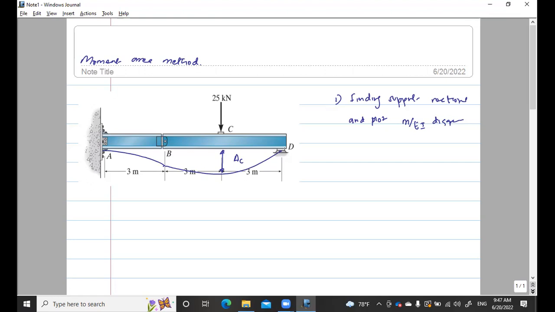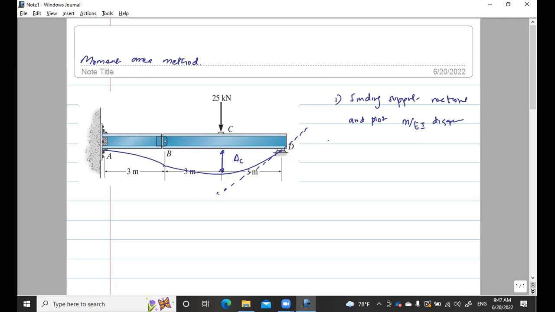Now, if you can plot a tangent at D, and draw a vertical line, suppose we have a point in a continuous beam which is fully fixed, then we can get the deflection relatively easily.